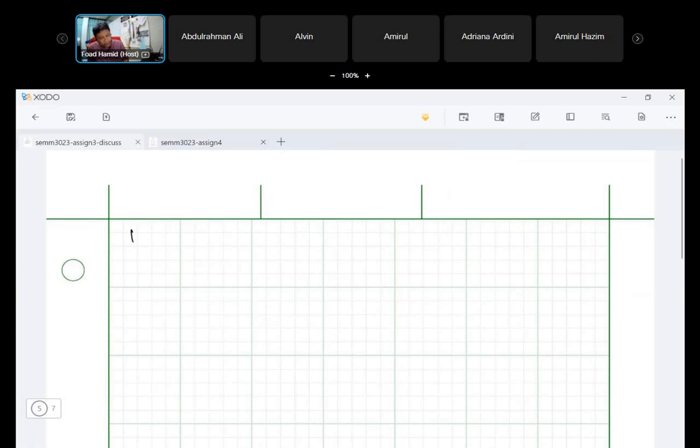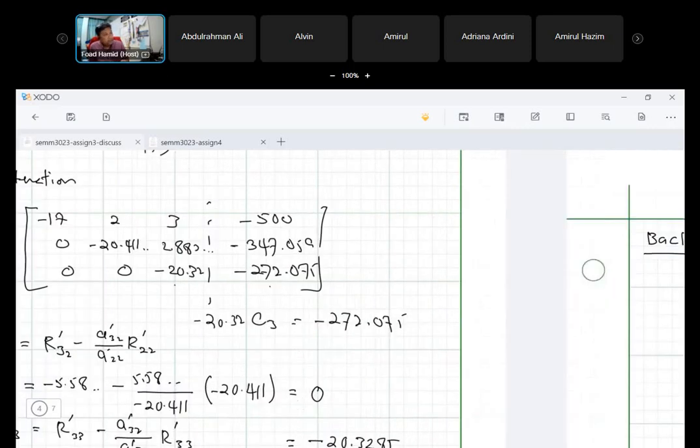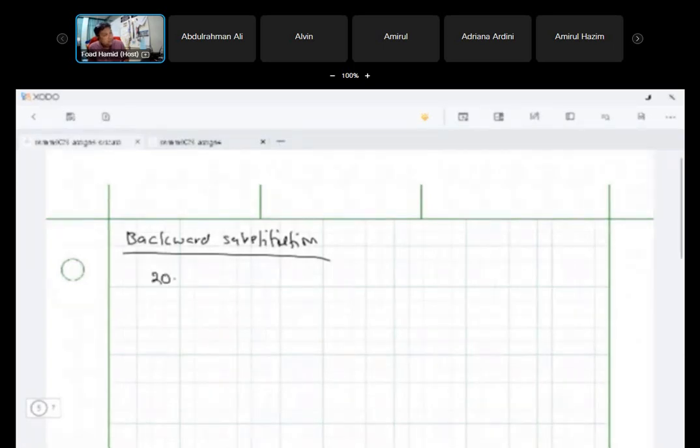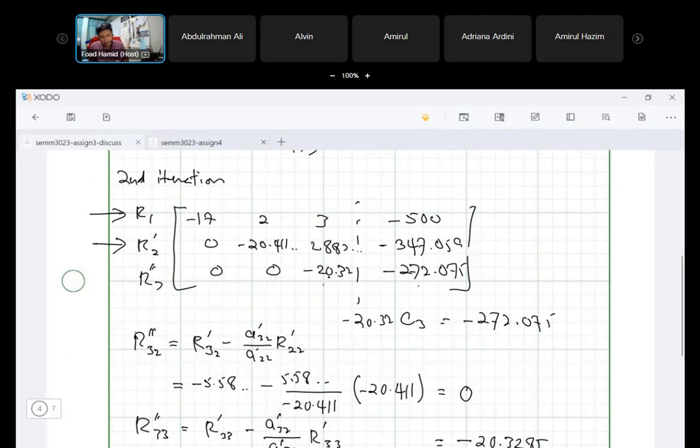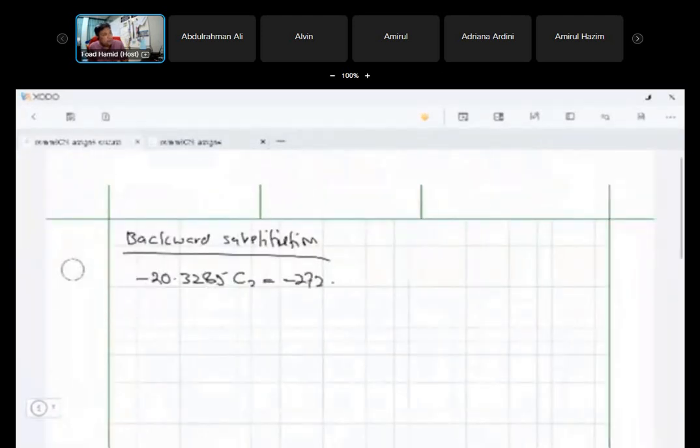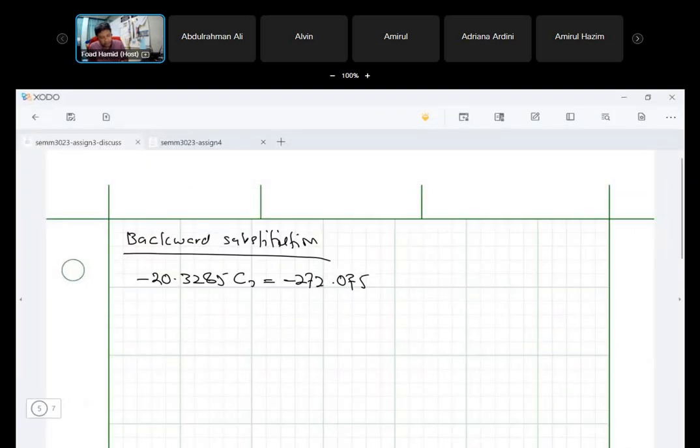Now this is the process of backward substitution. So we know from this matrix that minus 20.3285 C3 equal to minus 272.075, and we solve for C3, then C3 is positive, about 13.3839.